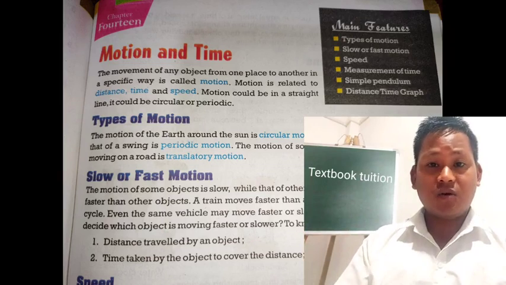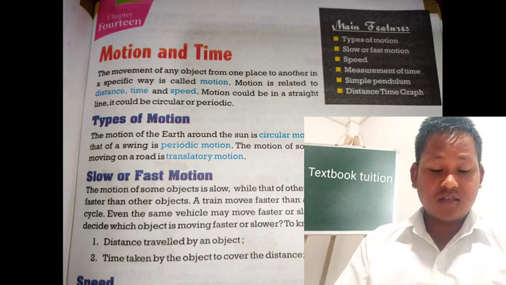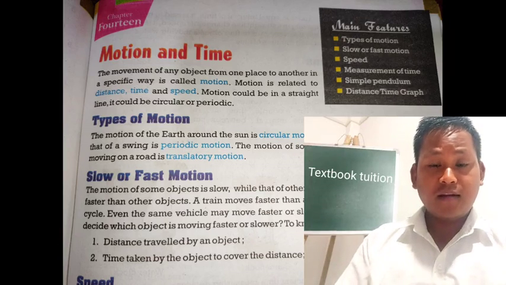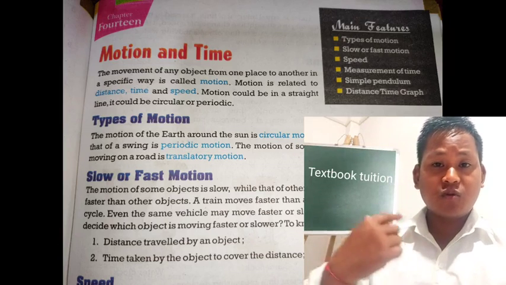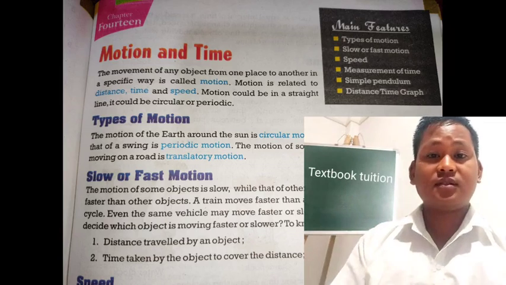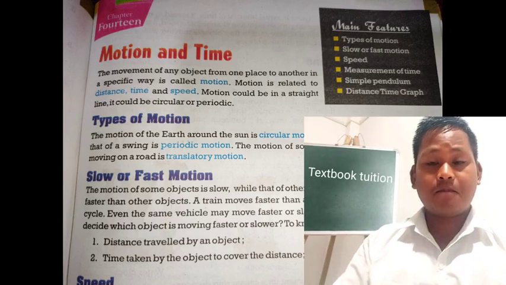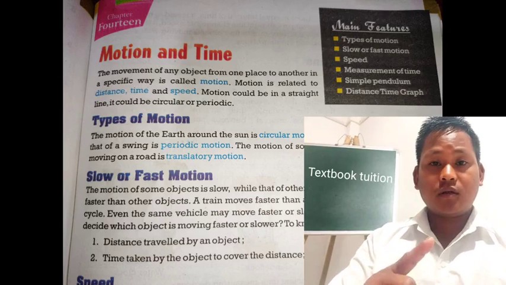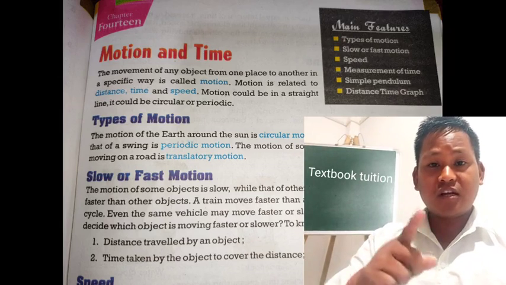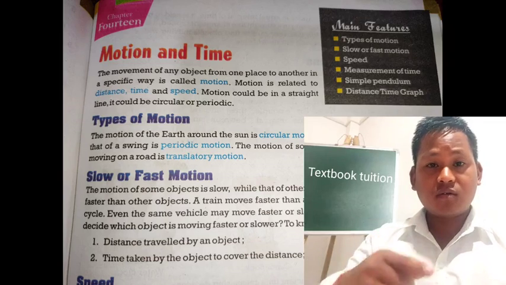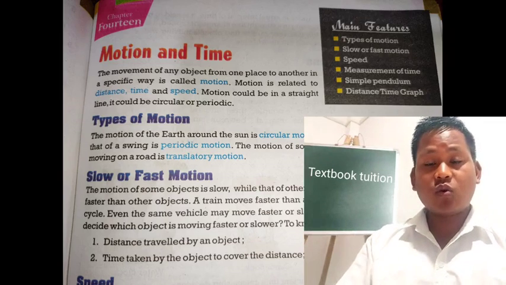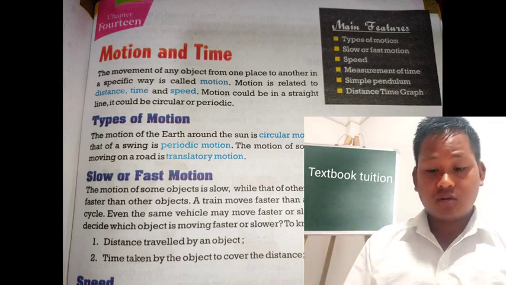The sun is fixed and the earth is moving around the sun, that is circular motion. Or the hand of a clock turning round in the clock is also one kind of circular motion.